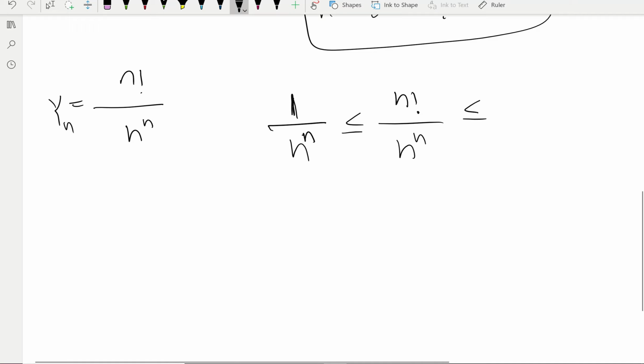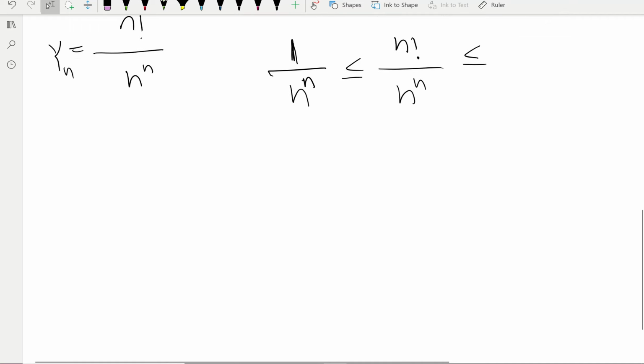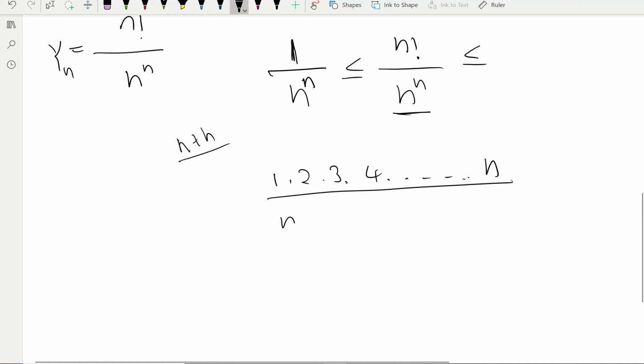Now the game is to find a sequence larger than n factorial over n to the power n. So let's write the nth term here: 1 times 2 times 3 times 4 times, and so on, and the last term will be n. And n to the power n means n times n times n until n, you multiply n by itself n times.